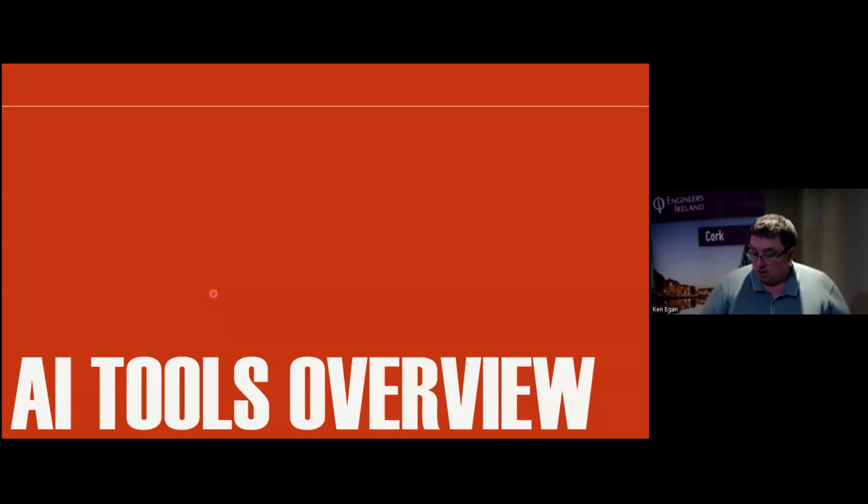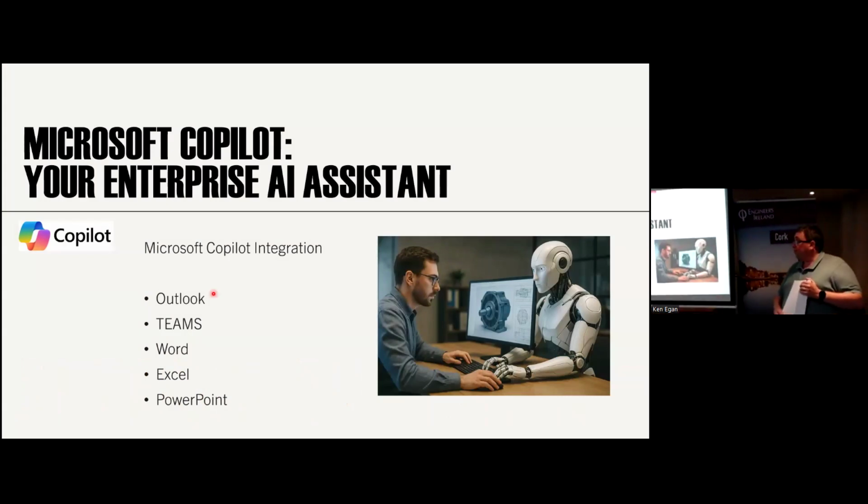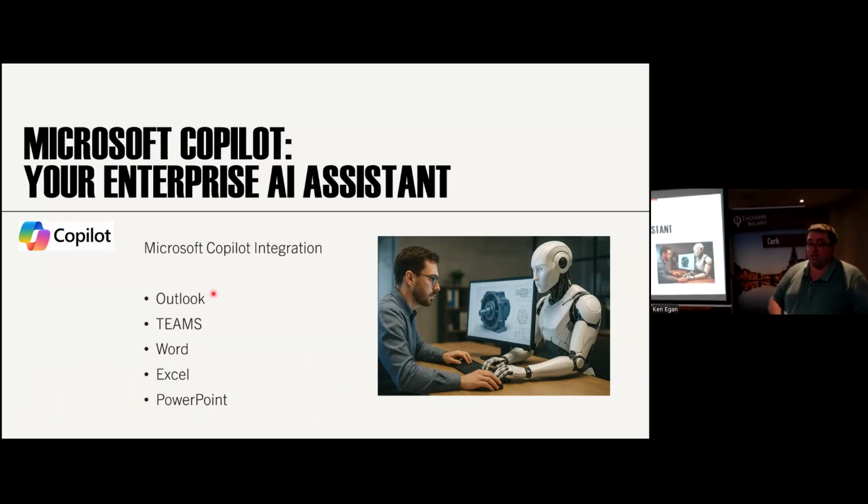Okay, so I'm going to start with one of the five AI assistants I just picked for tonight. And the first one is Microsoft Copilot. All right, we all know Microsoft. Copilot is an addition onto the whole Microsoft suite.